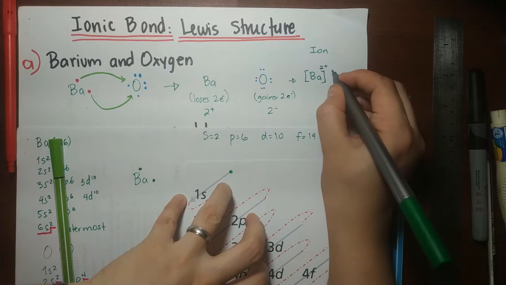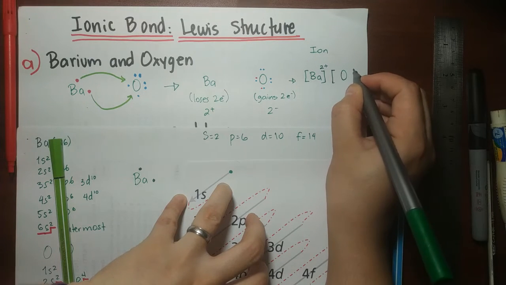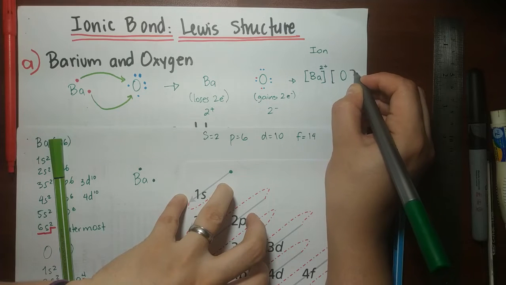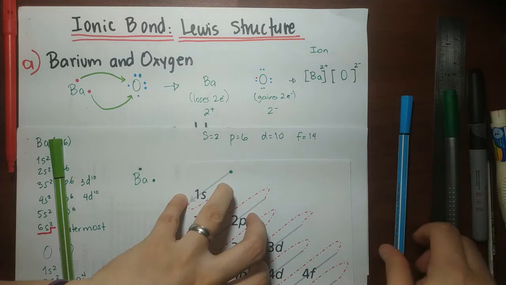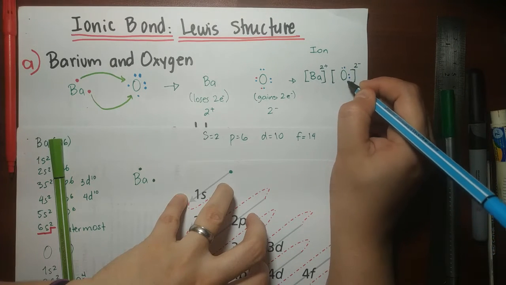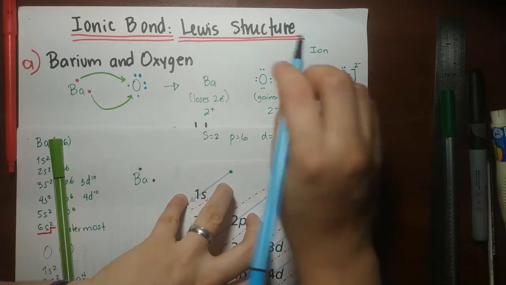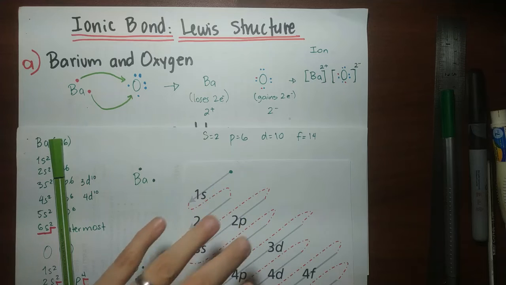And for oxygen, we're going to have oxygen, its charge is 2 minus, and the dots that are now part of oxygen are there, like that.